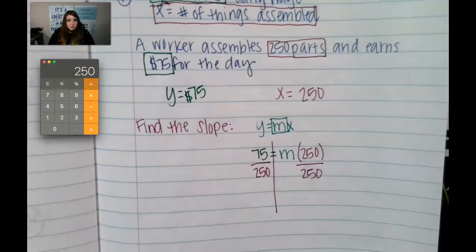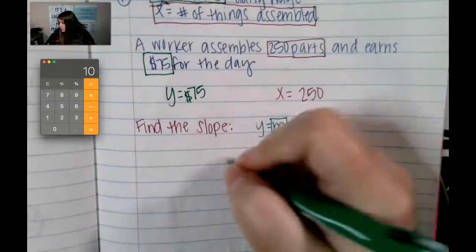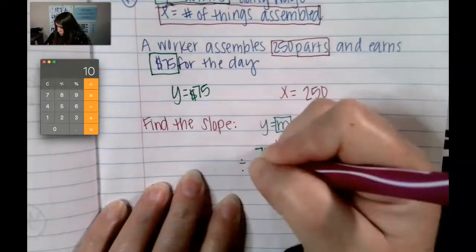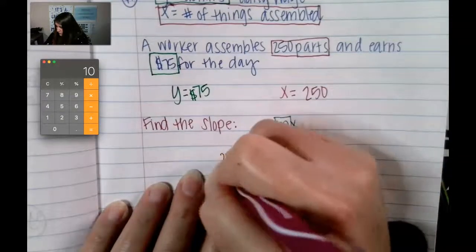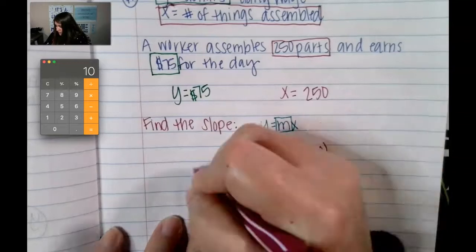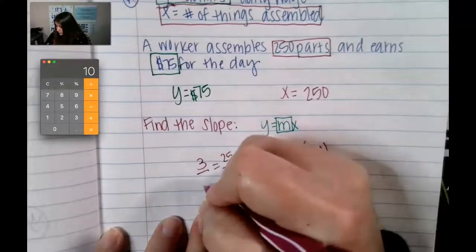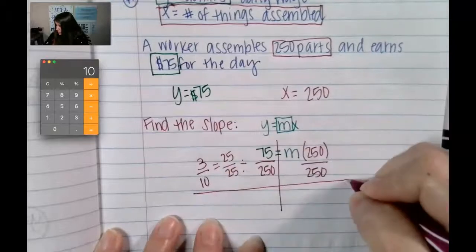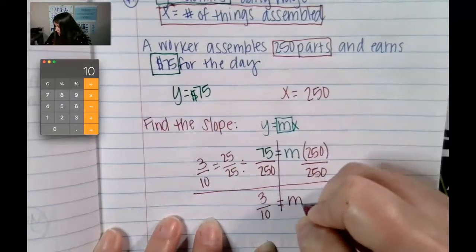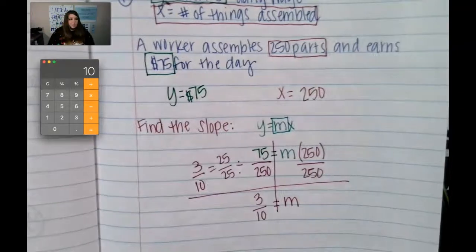250 divided by 25. Ooh, that gives me 10. And 25 here. So if I divide by 25 and divide by 25, I get 3/10. So 3/10 equals m.